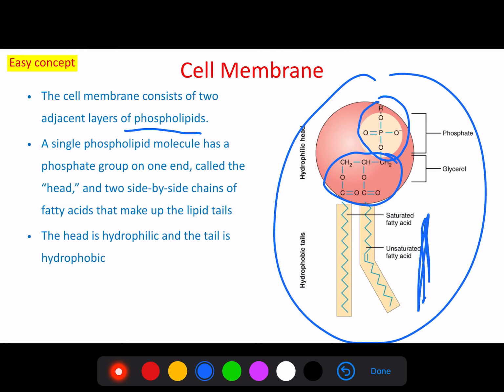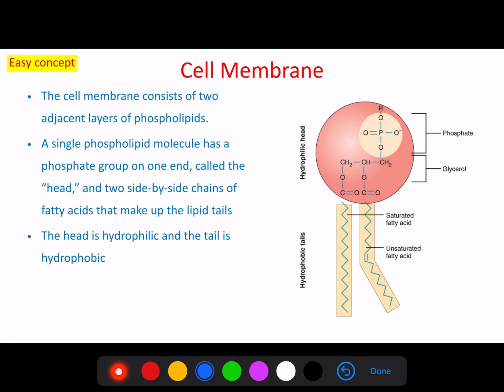The cell membrane is made out of endless repetitions of these structures. One thing that is unique about the phospholipid is that it has two parts. It has hydrophobic tails and it has a hydrophilic head. The hydrophobic tail is afraid of water, or hates water, and the hydrophilic head likes water.